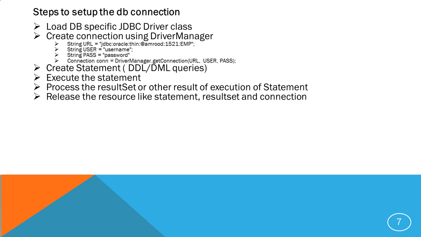Once your result set processing is done, release the resources like statement, result set, and connection. So these are the typical steps when you do the DB connection: create the statement from the query, execute the statement, process the result set, and release the resources.